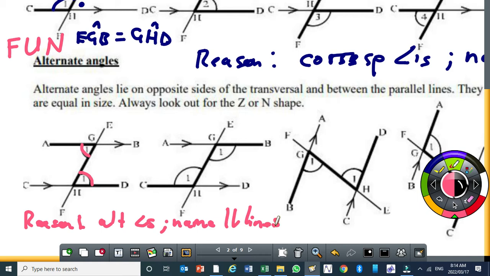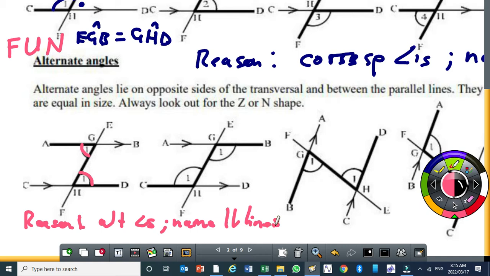Please, you don't write "alternate angles equal" if you are asked to prove that two lines are parallel. Here, you just write alternate angles and you specify the two lines that are parallel. All right?